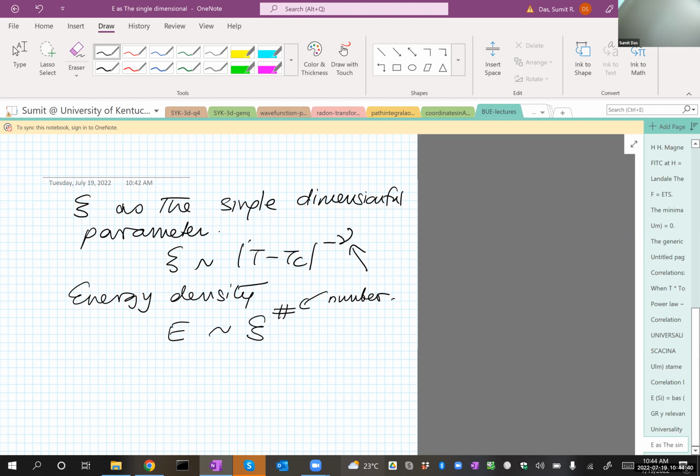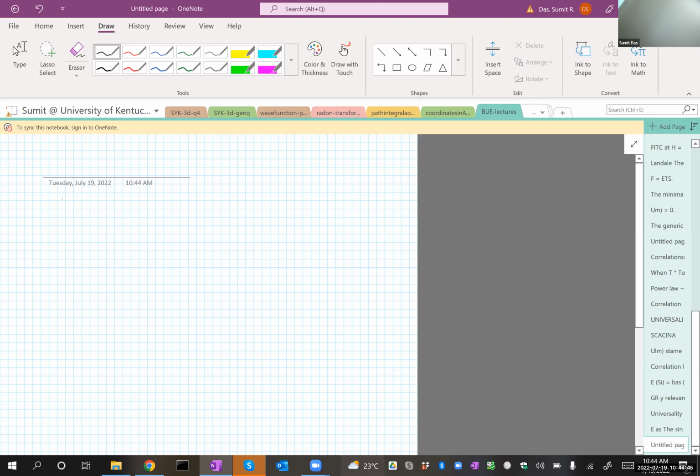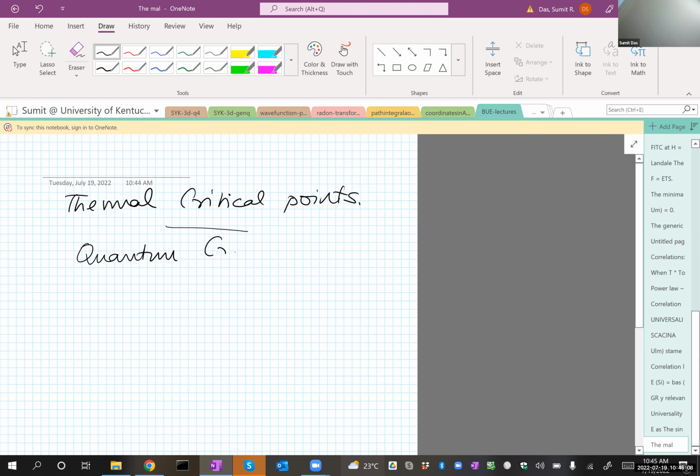Now, I have dealt with examples of what are called thermal critical points, where you reach the critical point by tuning the value of a parameter, which is the temperature. Nowadays, there's a lot of interest in what are called quantum critical points.